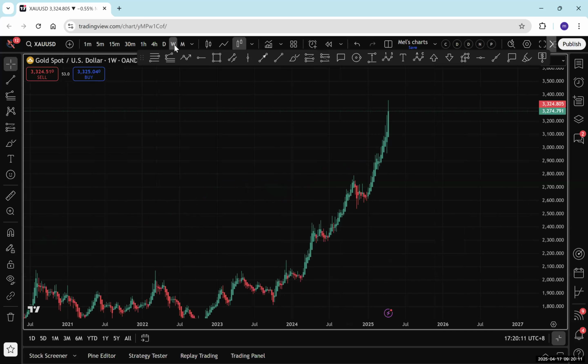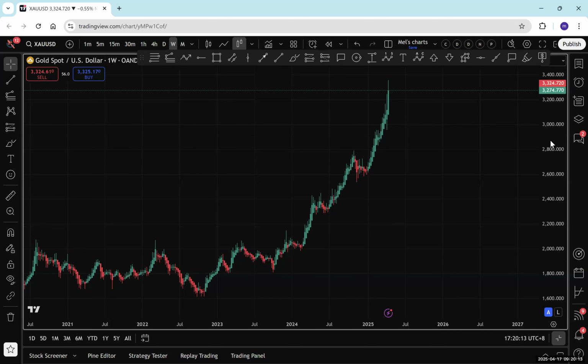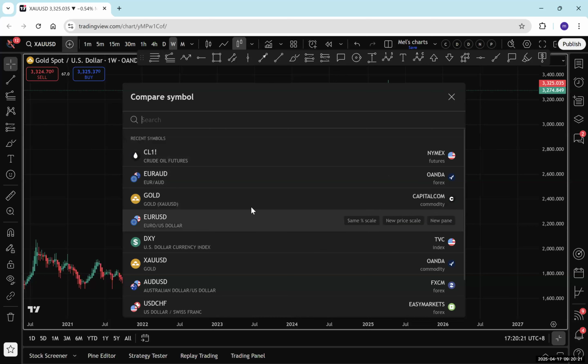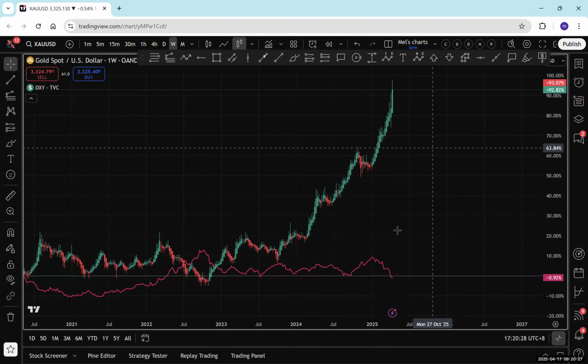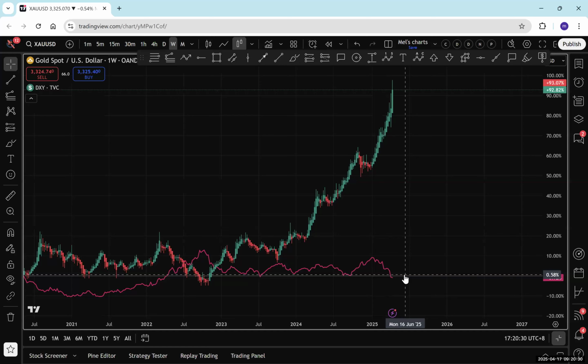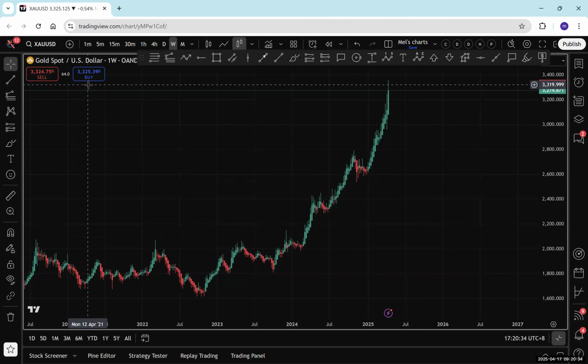Okay. So same thing, we're looking at our higher time frames first, and you can see prices generally moving in an uptrend. Yeah, so you can actually compare DXY and gold on the same price scale. So earlier we saw DXY dropping, here we see gold in that opposite direction.